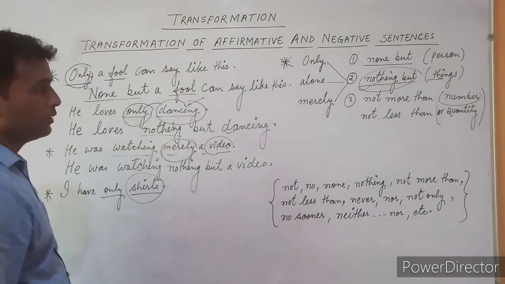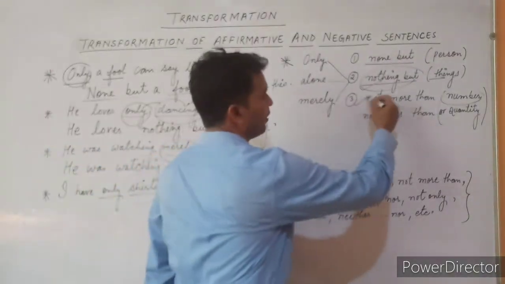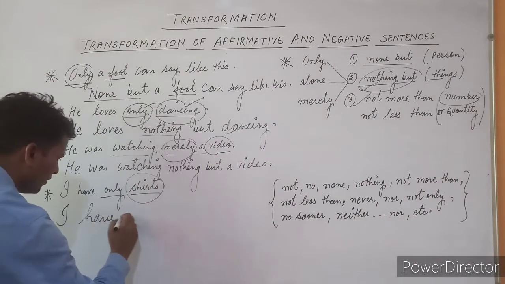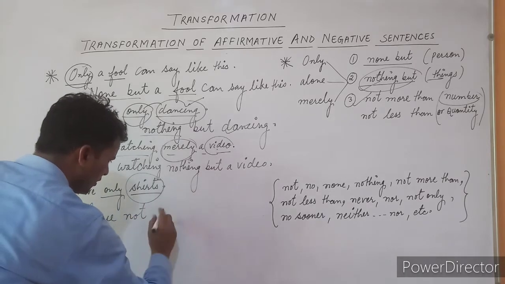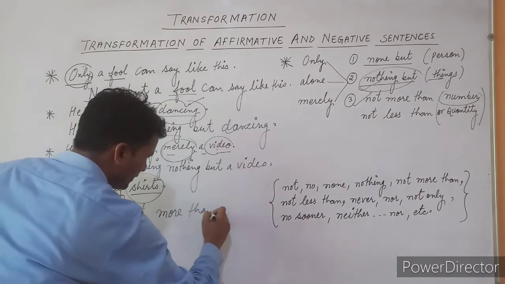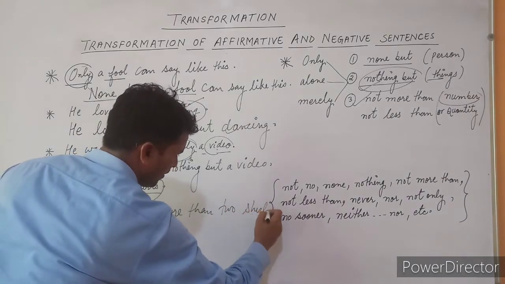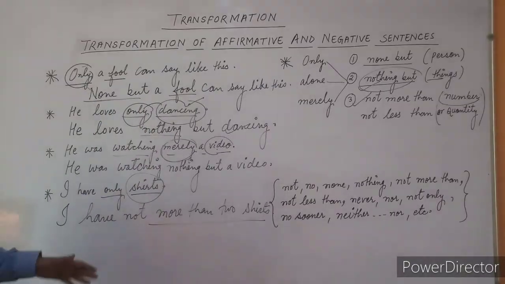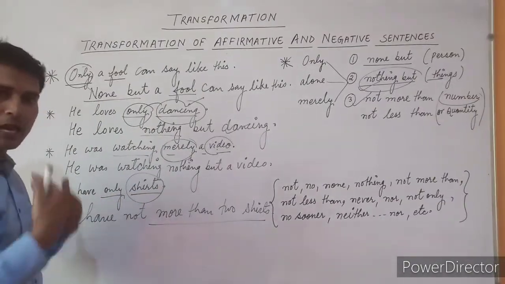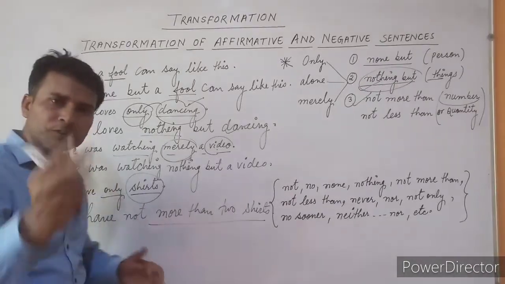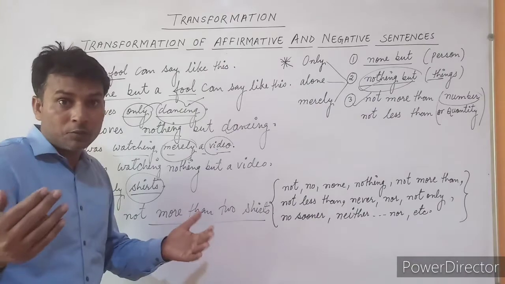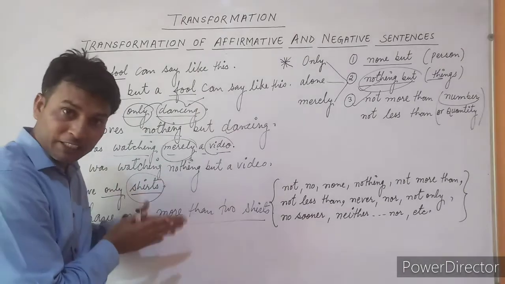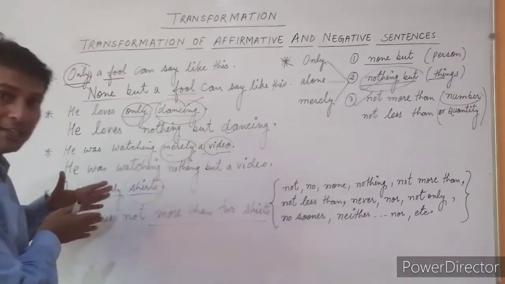So here you can use not more than. It can be transformed as: I have not more than 2 shirts. Right? So you can see the meaning: I have only 2 shirts means I have not more than 2 shirts. I don't have more than 2 shirts. So the meaning of both of the sentences is not changed. They have the same meaning, same sense.